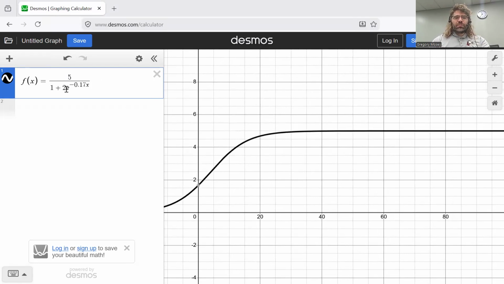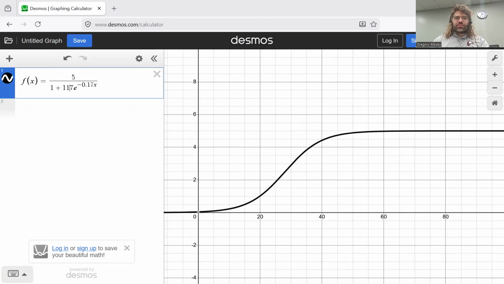What the other numbers do is maybe less immediately clear, but if I increase the number in front of the e, we get a picture that's closer to the one I drew.